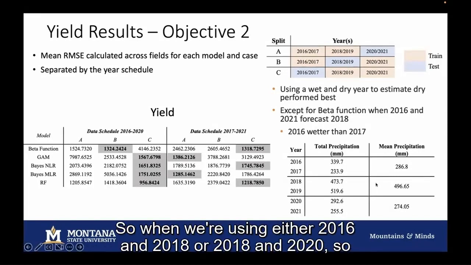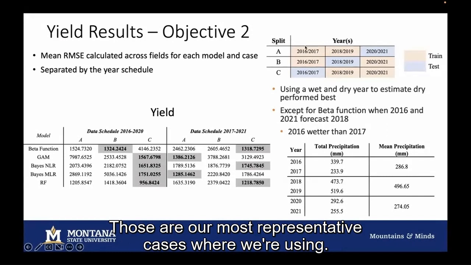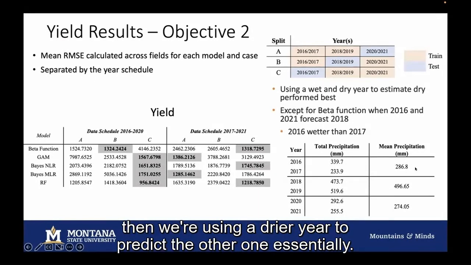So when we're using either 2016 and 2018 or 2018 and 2020, so split case C and split case A, those are our most representative cases where we're always using this middle year that was wet, and then we're using a drier year to predict the other one, essentially.